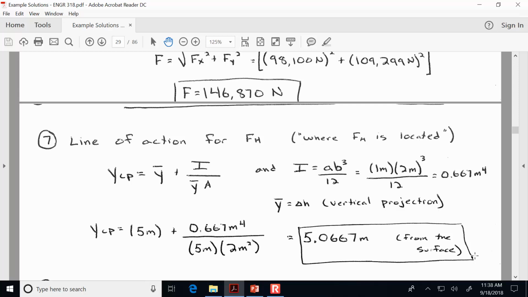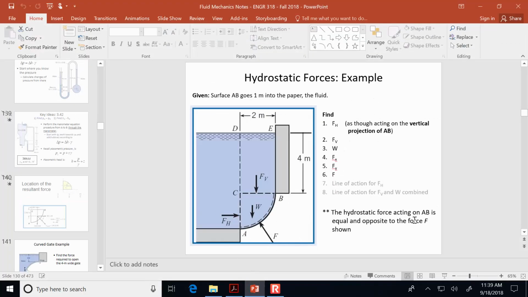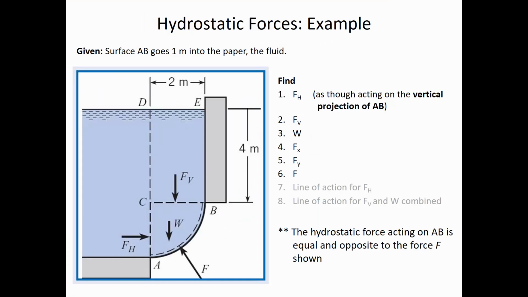If we go back to the original drawing that was given in the problem statement, you can see that they've located this F sub V in the middle between B and C. That's intentional, because that is, horizontally speaking, where the force is located, in the middle between the two edges.